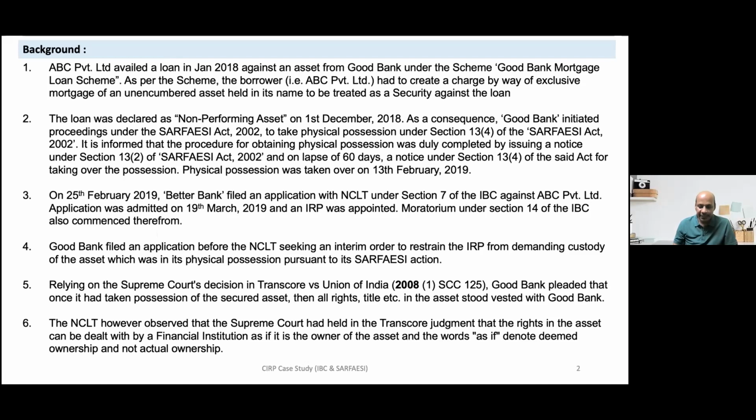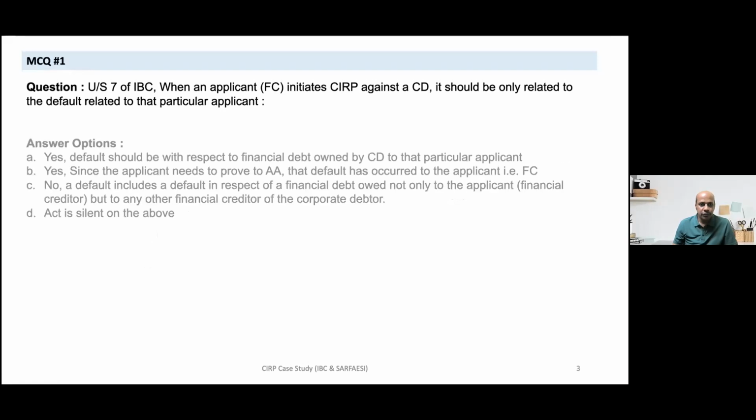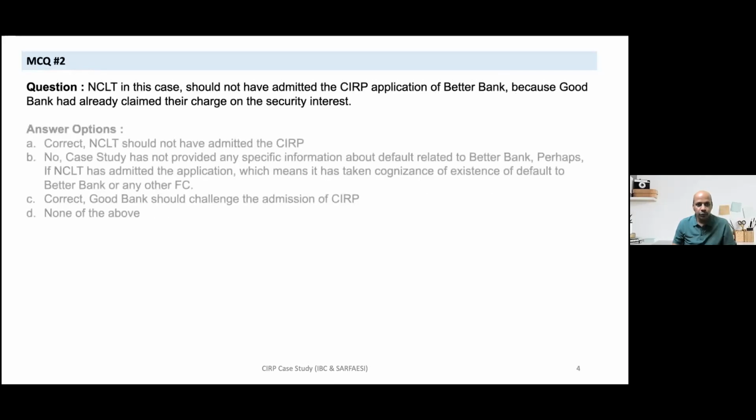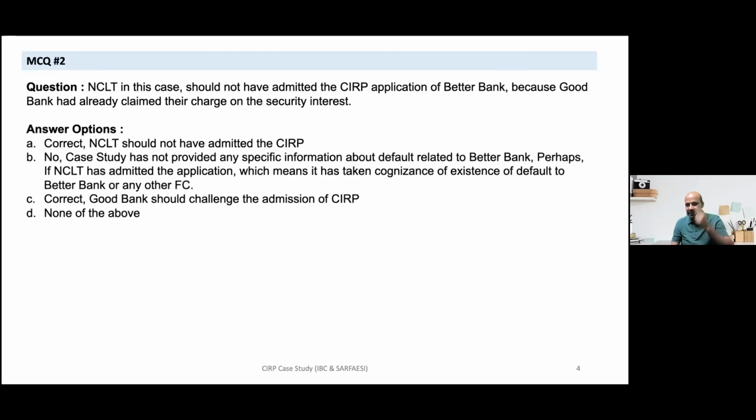So here in MCQ number 2, the point is that since the asset was already under the possession of Good Bank, and there is no other default mentioned in the case study, is the application of Better Bank tenable, should it be admitted, or should it not be admitted?